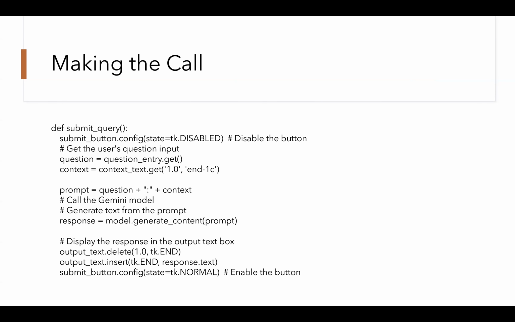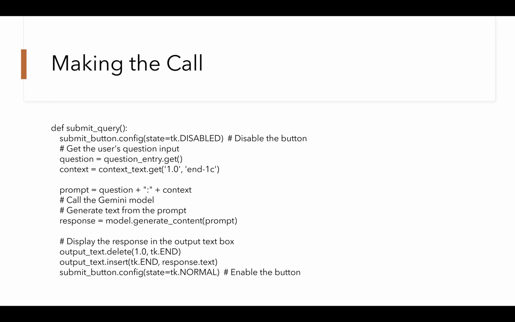And so I've got a function called submit query that's going to actually do the call and then display the results in my form. And so I start out, I go out and I get the text from the question I'm asking: create a press release, give me a summary, give me a bulleted list. And I've got the context, which has my text that I'm having it analyze.